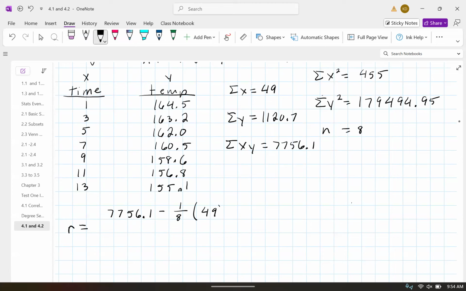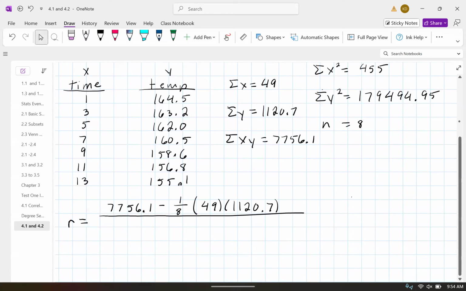So 49 times 1120.7, all over, okay, the sum of x squared is our first one there, 455 minus 1/8 times my sum of x, 49 squared.